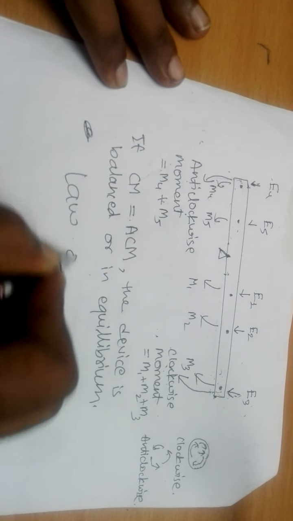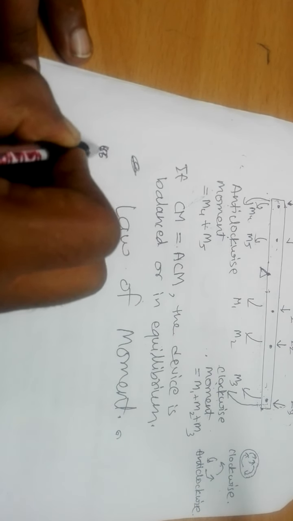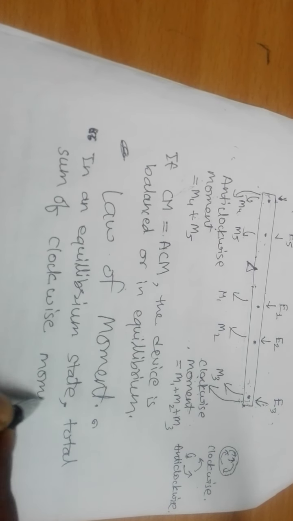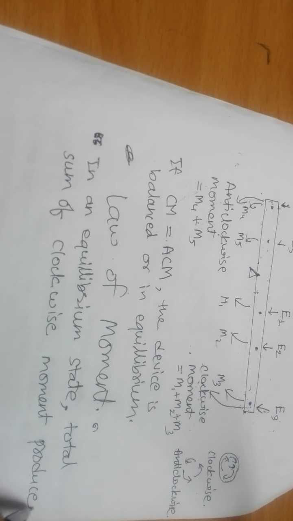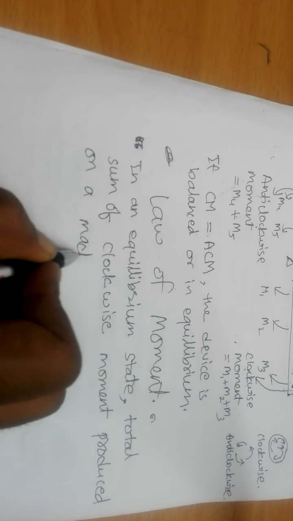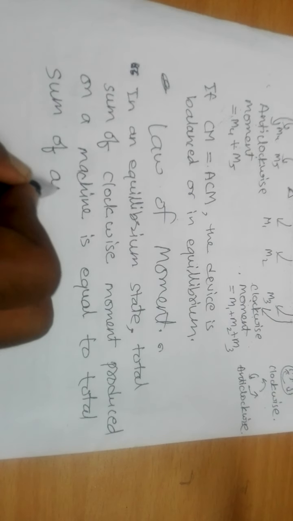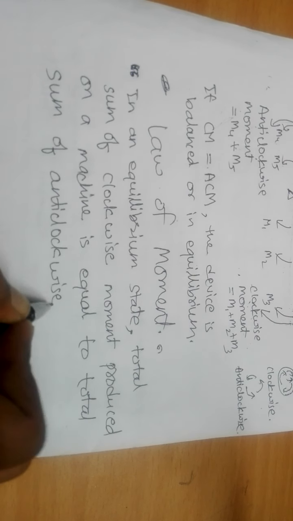Now this is called the law of moment. So the law of moment states that in an equilibrium state, equilibrium meaning balanced state, the total sum of clockwise moment produced on a machine is equal to the total sum of anti-clockwise moment.